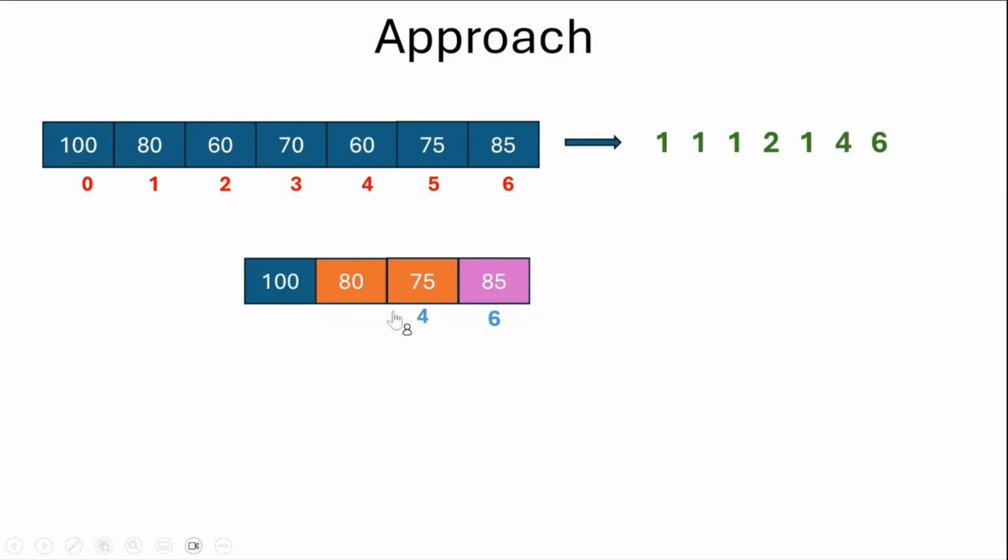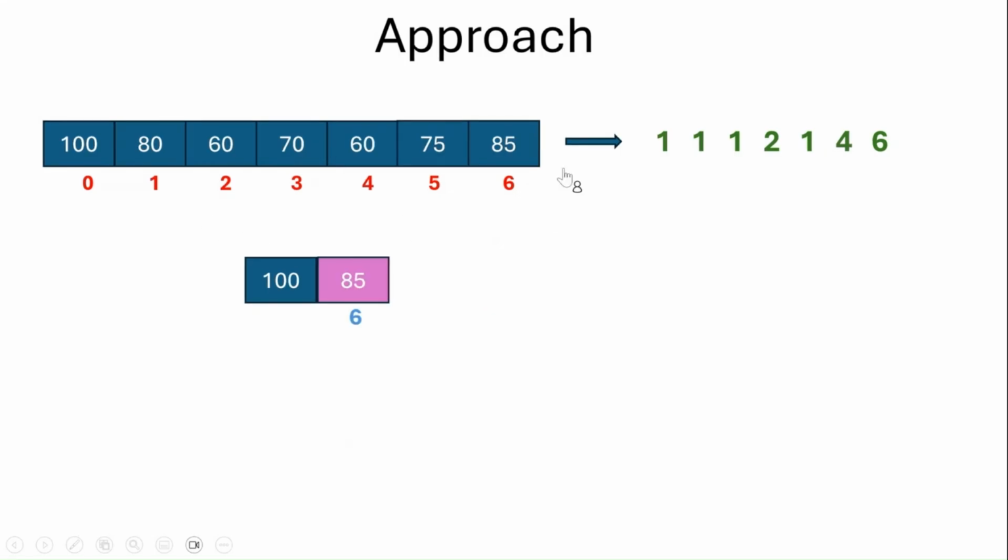So this is 1 plus 4, 5, plus 1 for the current day, 6. So we can store this count of previous consecutive days having stock price less than or equal to the current day stock price, so that we don't need to keep track of all the days which we have visited till now. Okay? And then for 85 also, we don't need to keep track of 75 and 80 because we are already storing that count here.